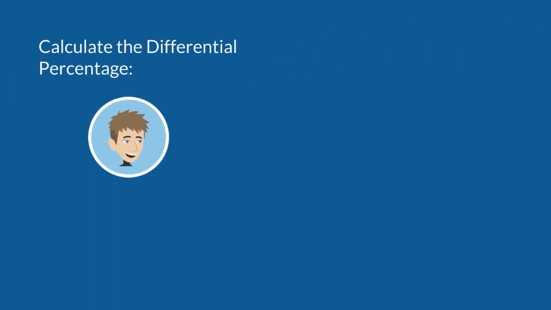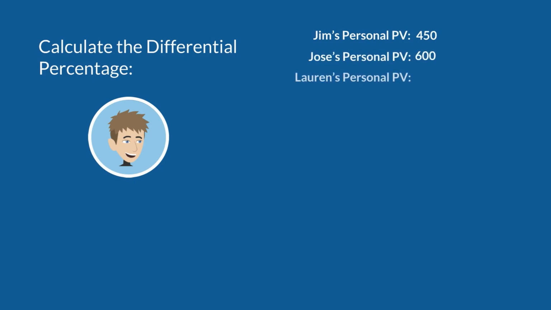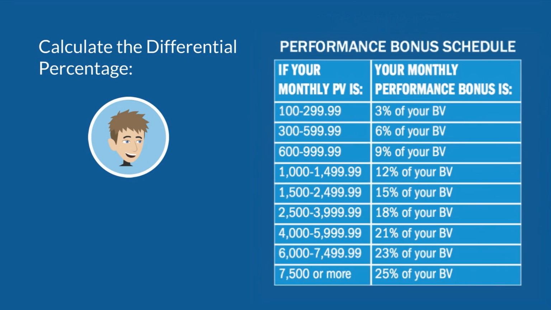Because there are multiple downlines, add everyone's PV to determine Jim's group PV. Jim's personal PV is 450. Jose's group PV is 600. Lauren's personal PV is 150. Added together, that's 1,200 group PV for Jim. Next, remember we need to look up Jim's group PV on the Performance Bonus Schedule.